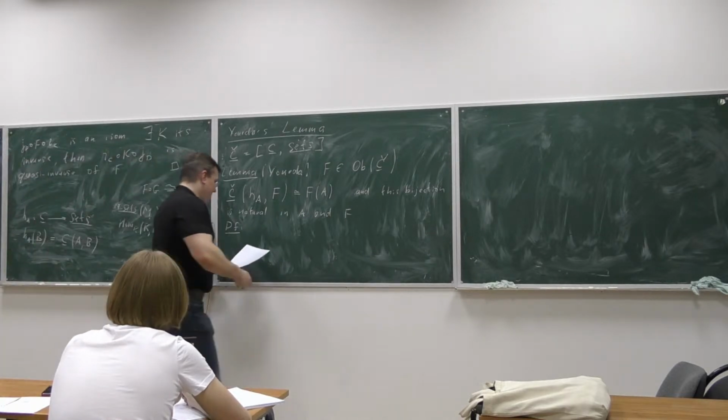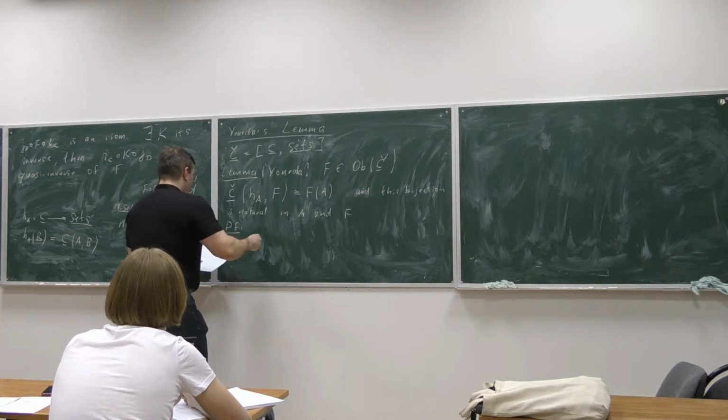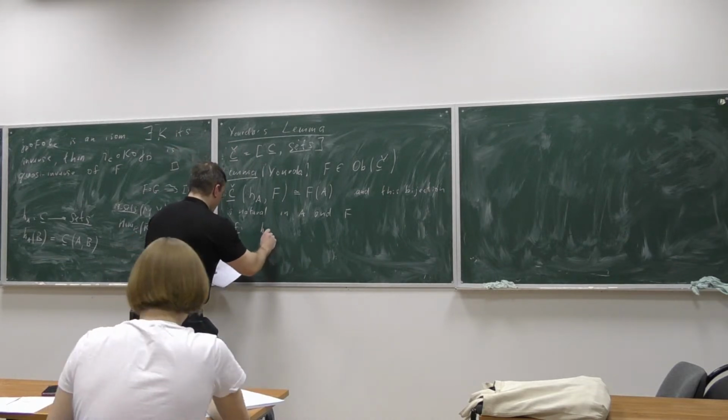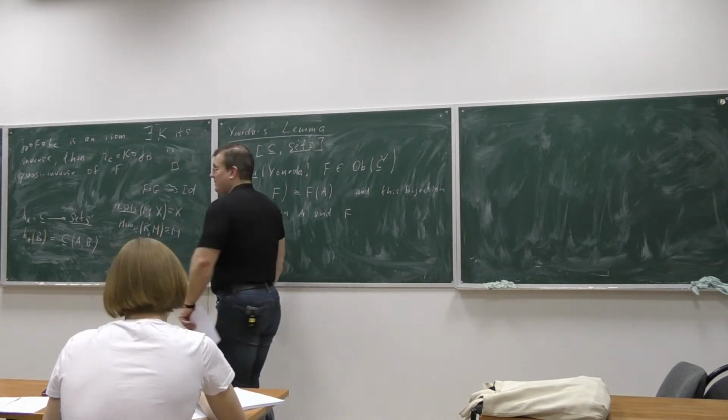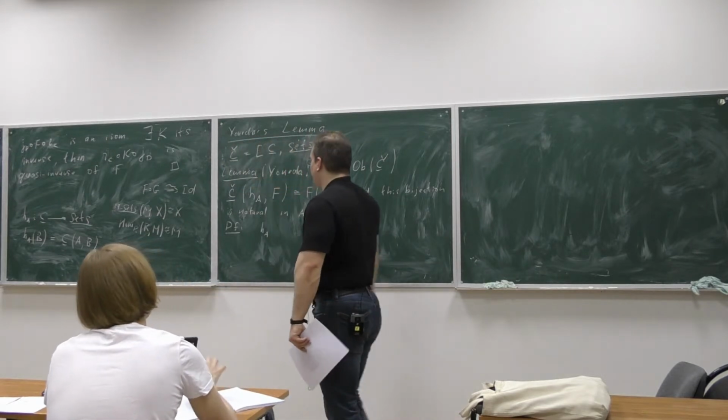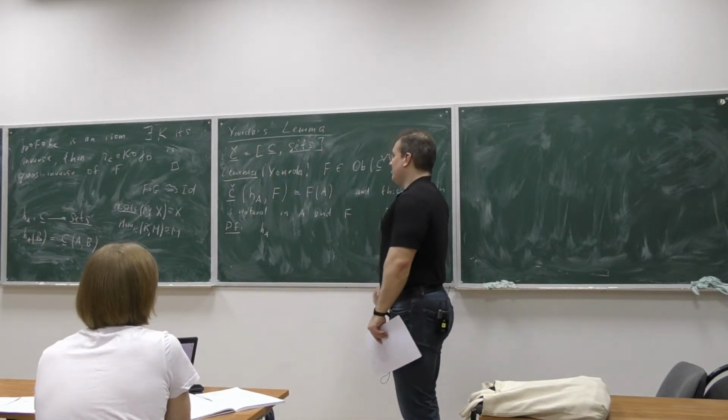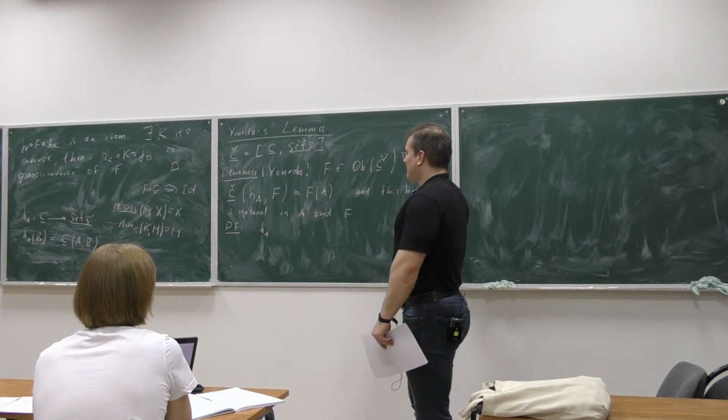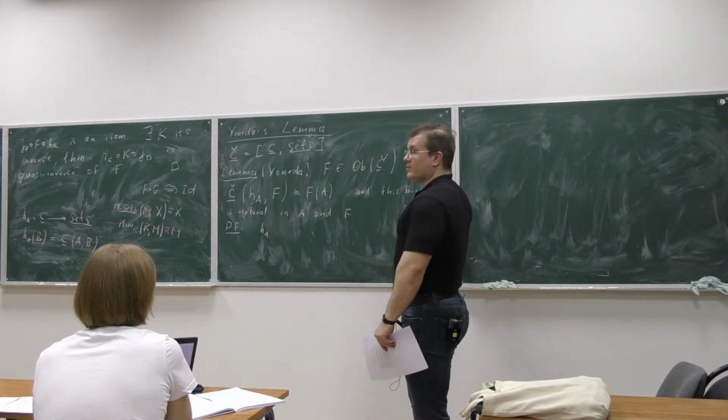So I'm going to start with the definition of a natural transformation. So I have HA. What does it mean that the bijection is natural in A and F? Well, exactly the same thing as before.